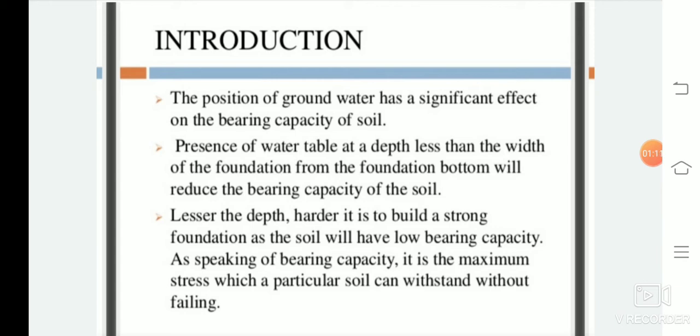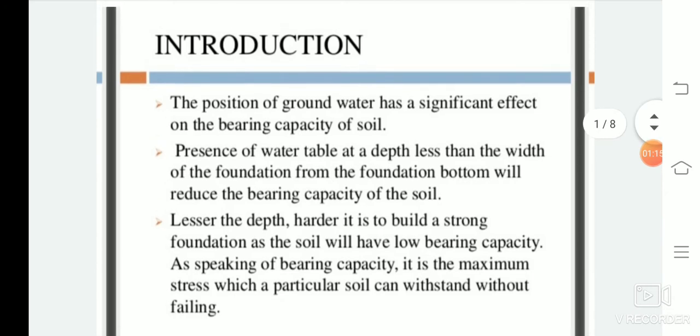If the water table is present at a depth less than the width of the foundation, then it will reduce the bearing capacity of the soil. And when the depth is lesser, it is very hard to build a strong foundation system on the soil, which will have a low bearing capacity.